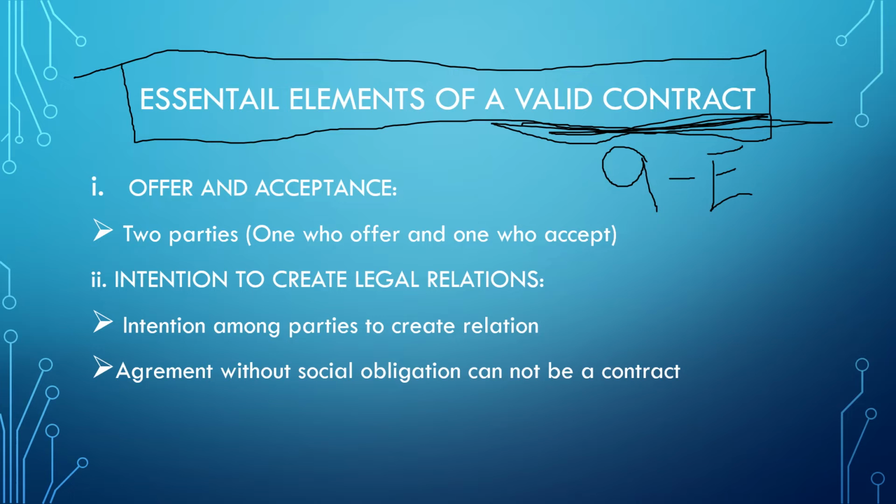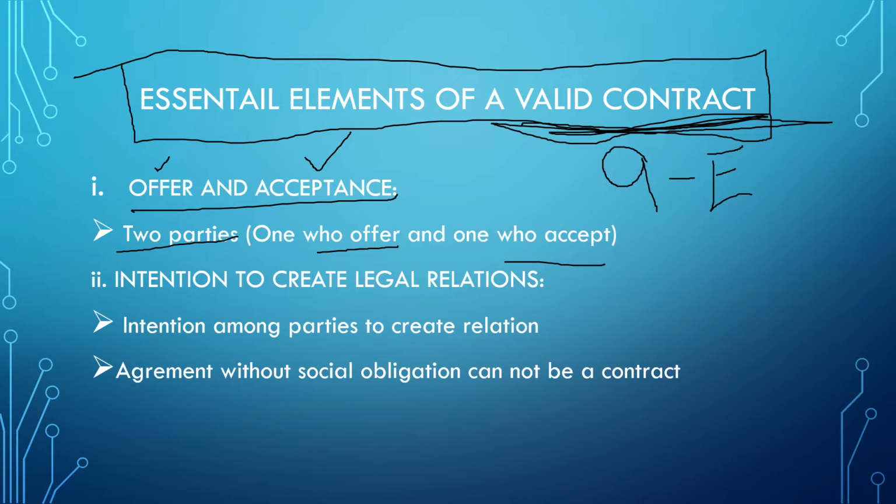The first one is offer and acceptance. For a valid contract, the first thing you need to cover is offer and acceptance. Offer means offering a particular thing, and acceptance means accepting it. For a valid contract we need two persons, one who offers and one who accepts. Without two persons, we can't have a valid contract.